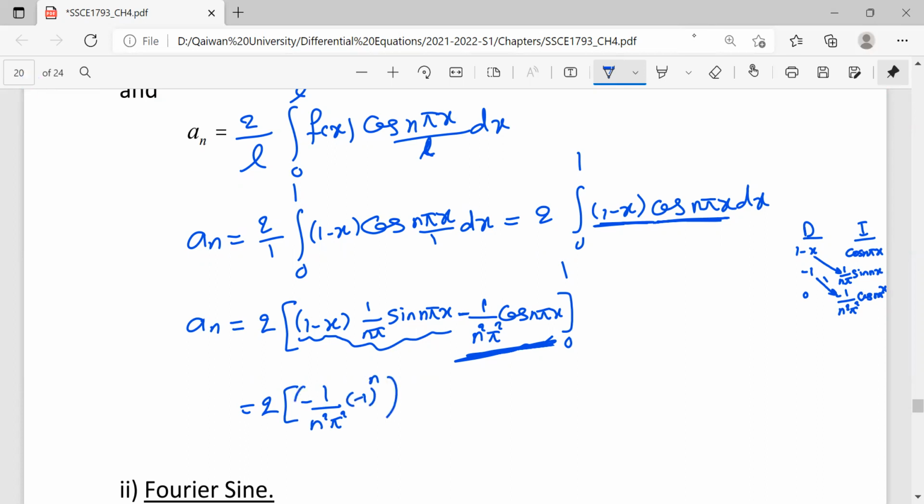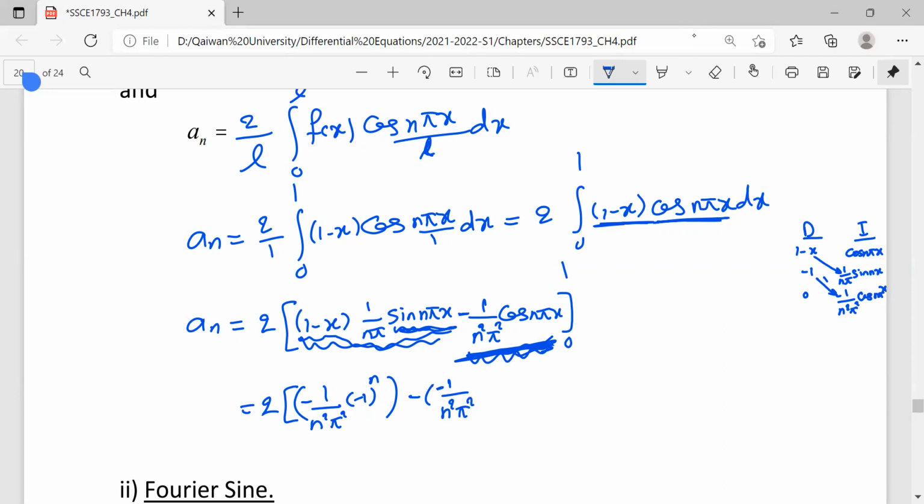This is when we replace x by 1. And if you replace x by 0, this becomes 0 because here we have sine 0, and sine 0 is 0. And cosine 0 is 1, so we get 1 over n squared pi squared.